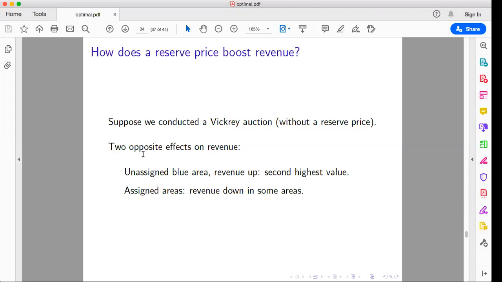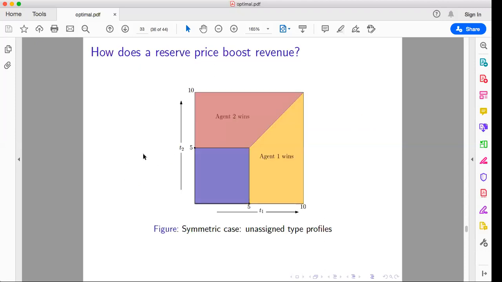Of course, in the unassigned area, this particular area, now the seller will sell the object because there is no reserve price. And in this area, she will collect revenue equal to the second highest value, the expected second highest value in this region.